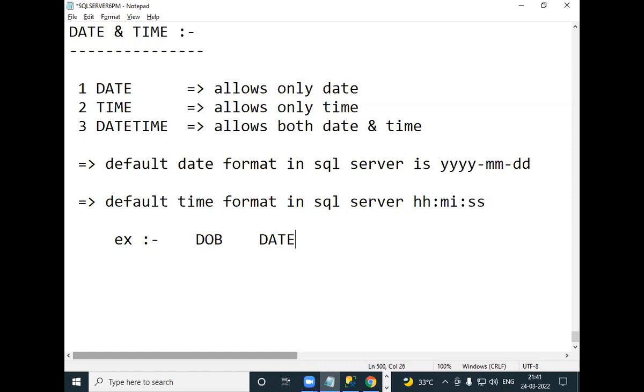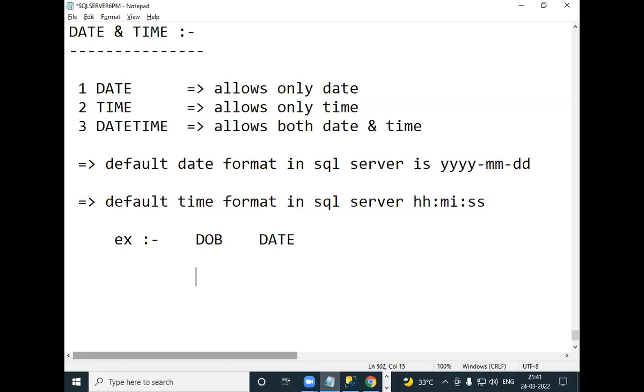Next, how do you enter the date of birth? Suppose the date of birth is 2005 October 15th.